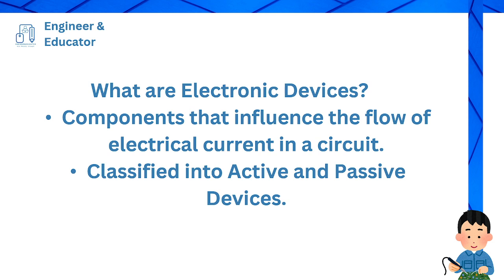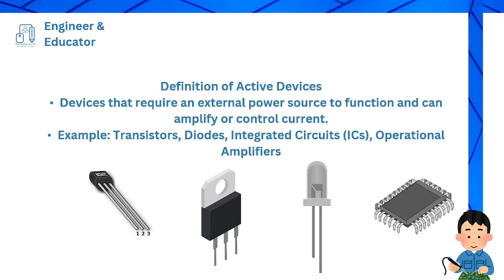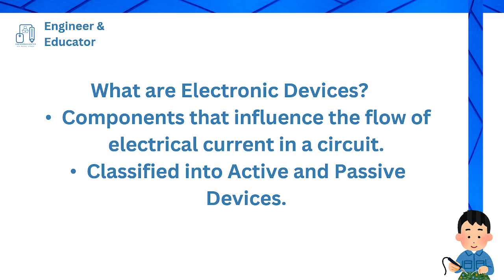Next, we will see what we mean by active devices. In any electronic circuit, the components are categorized into two, that is active and passive devices. Here itself I can give the definition of passive devices and active devices.